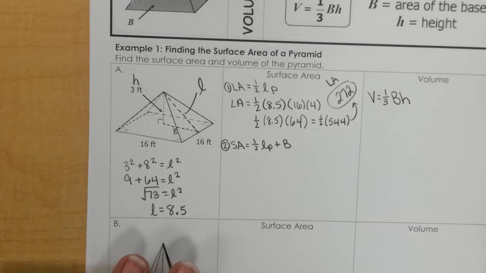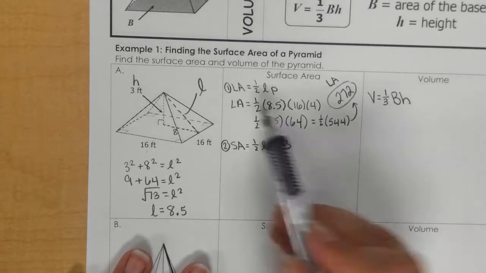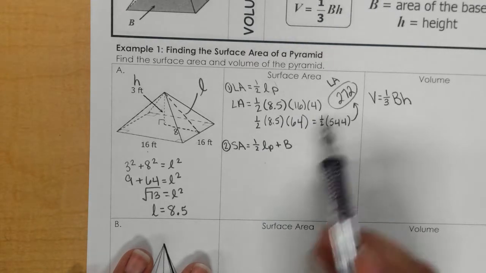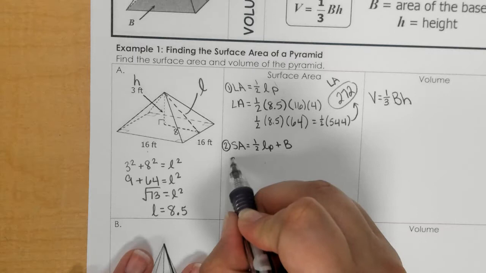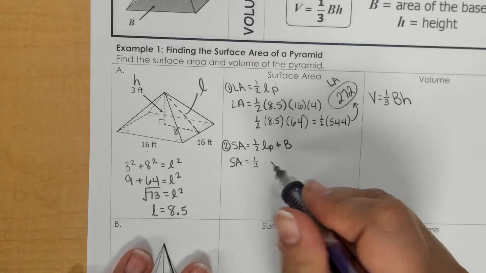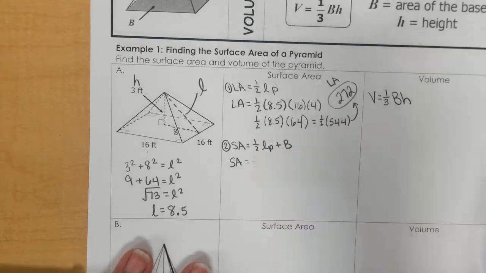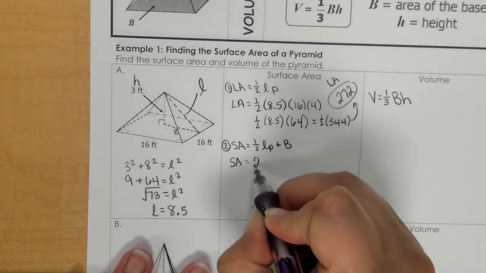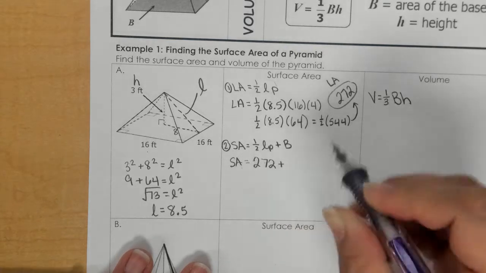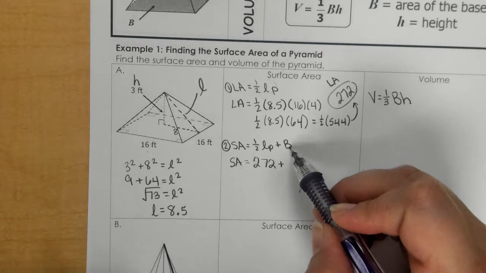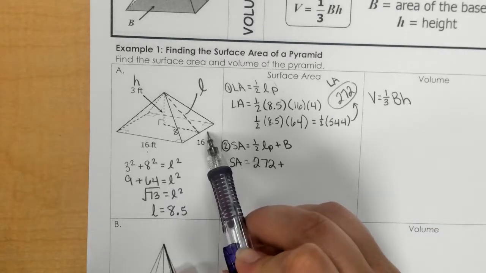And like all the other formulas we've done, this lateral area formula shows up in our surface area. So I will plug 272 in for this part. So instead of the 1/2 slant height times P, we'll just do 272. Now our area of the base would be side times side.